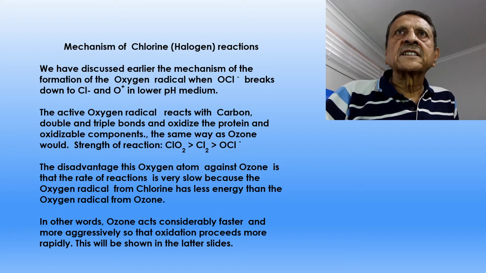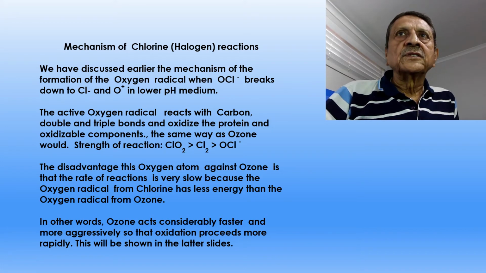Now, we have discussed earlier the mechanism of formation of the oxygen radical when OCl breaks down to chlorine and oxygen ion. Now, when chlorine is dissolved in water, it forms HClO.